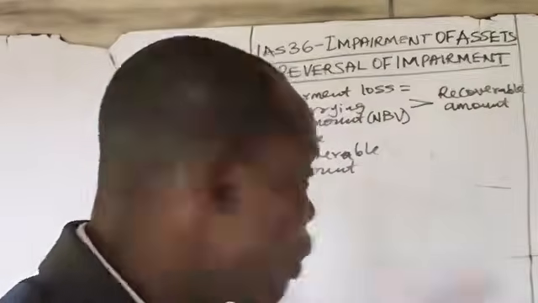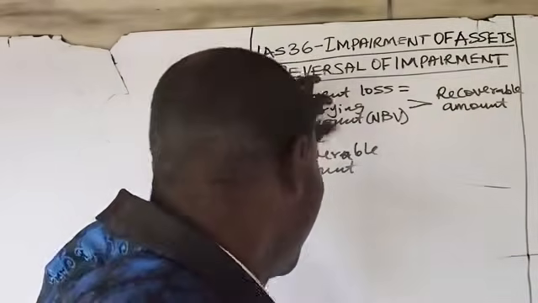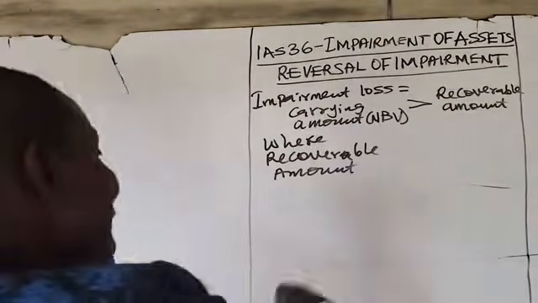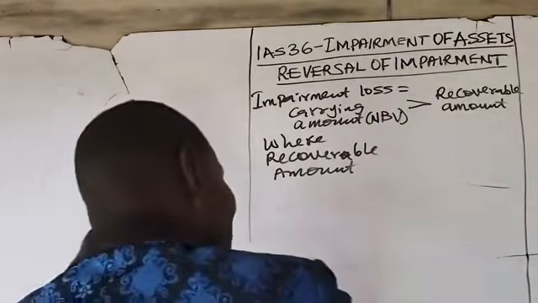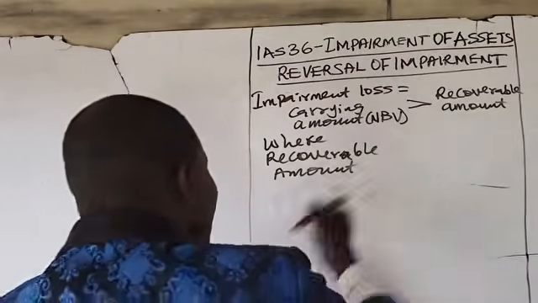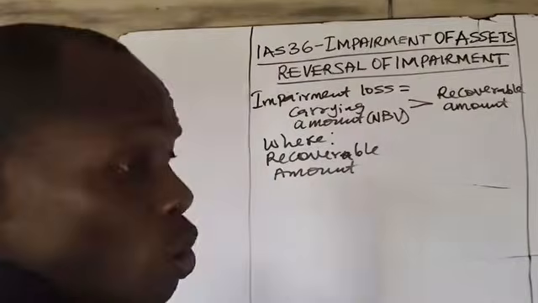Remember, the impairment loss was recognized when the carrying amount of the asset turned out to be greater than the recoverable amount. The asset that had been impaired in the past now turns out to improve.